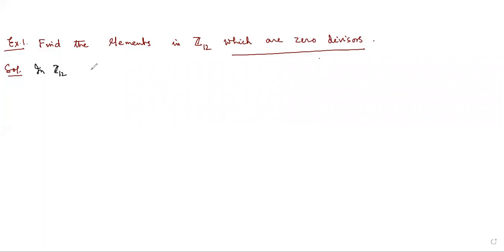So in Z12, what are the elements of Z12? Let us keep this in front of us. The elements of Z12 are these. Write all the elements.